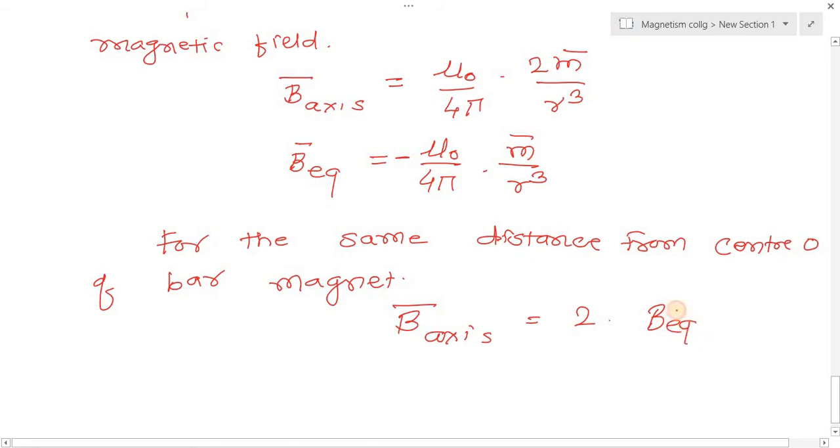So the magnetic field at an axial point is equal to twice the magnetic field at an equatorial point.